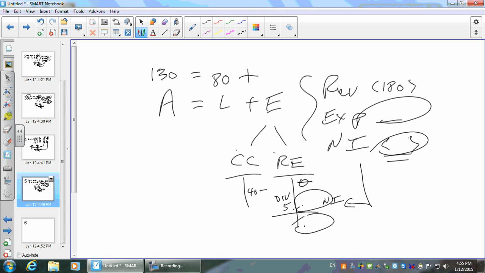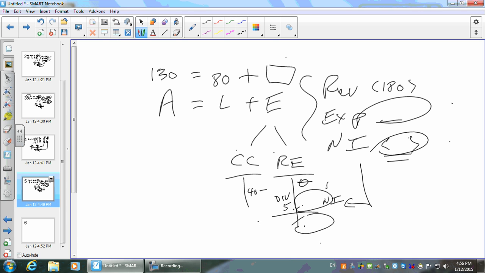So, okay, anyway, what can we solve first here? Can I solve either expense or net income if I only know revenue? No. Can I get contributed capital plus retained earnings to get equity? Of course not, because I don't know retained earnings. Can I calculate the net income here? No, I can't, can I? Are you with me? What can I solve? Equity up here. I can get that because there are two knowns and only one unknown.